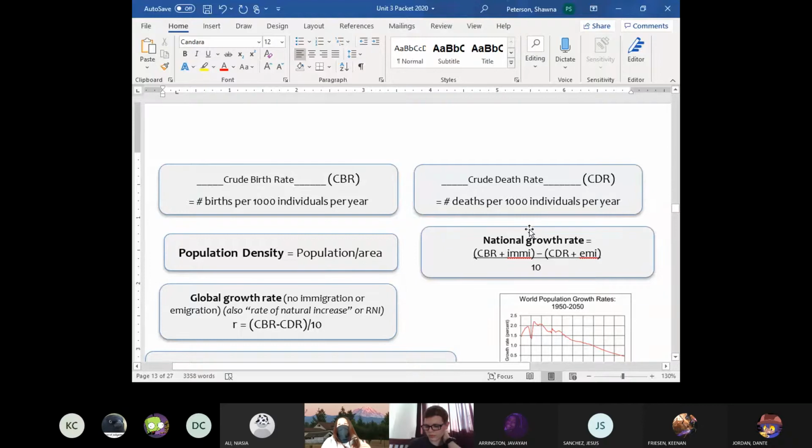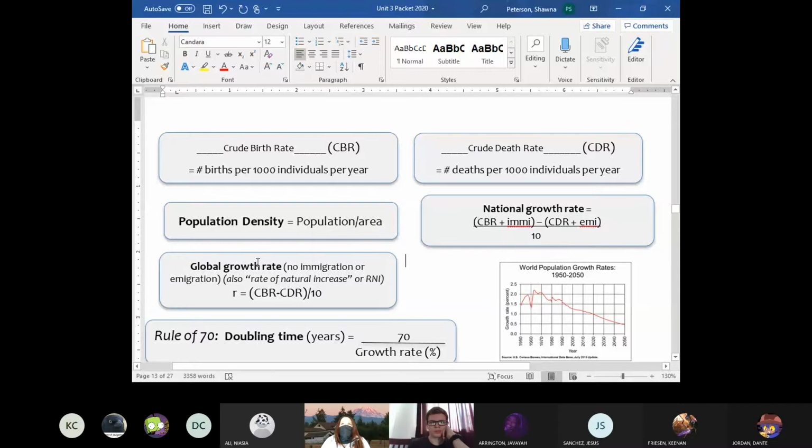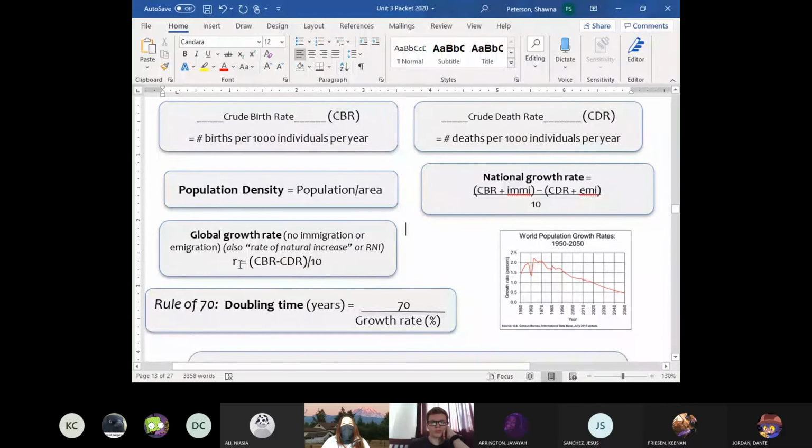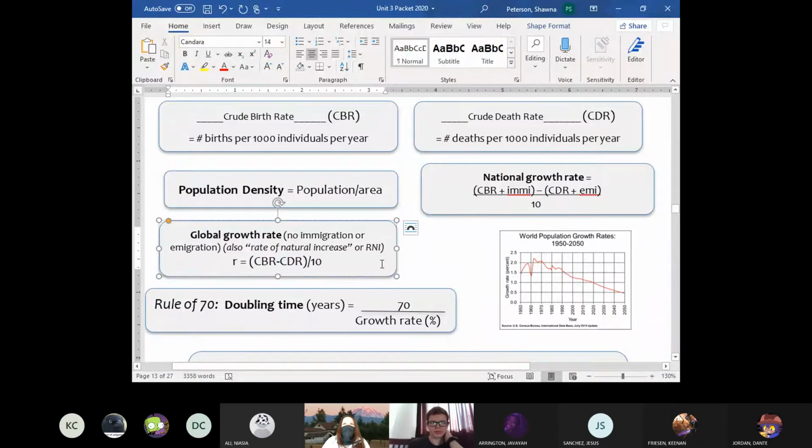So your national growth rates include births, deaths, and people moving in and out of the country. Global growth rate does not include immigration or emigration because we don't have aliens. That's just your crude birth rate and crude death rate, and they divide it by 10.